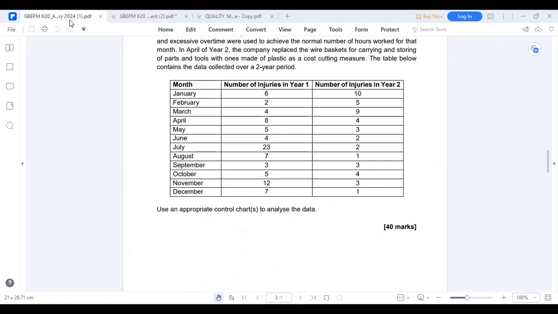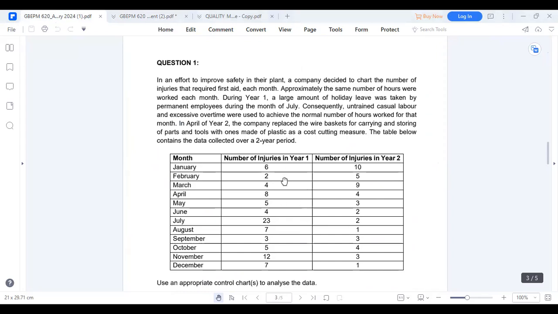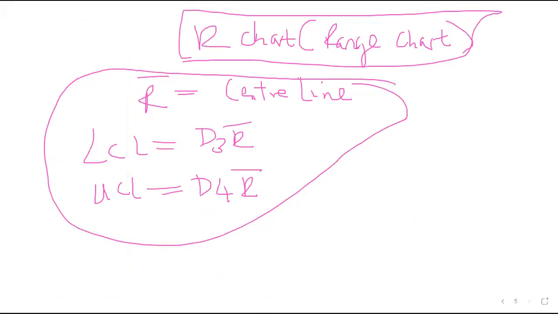For the first one, 23 is far above the control chart.